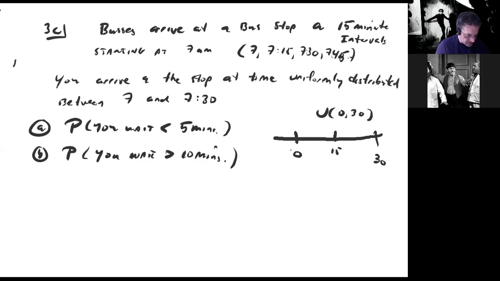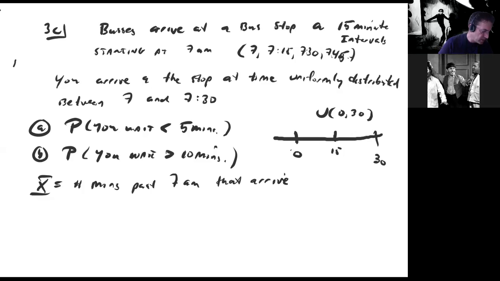So let's let X be the random variable given by the number of minutes past 7 a.m. that you arrive. Okay, so you arrive at a certain time after 7, and we know that this is a random variable of U(0, 30).